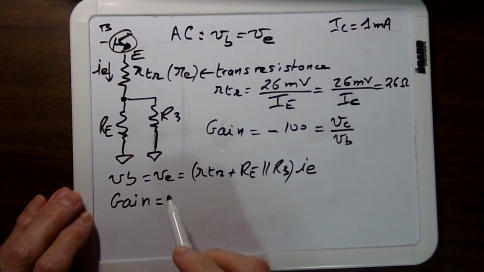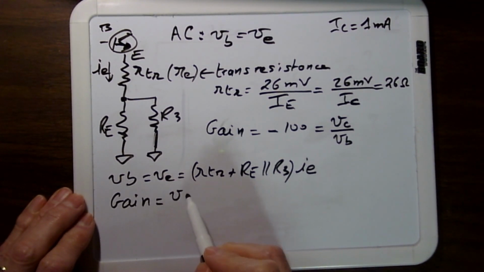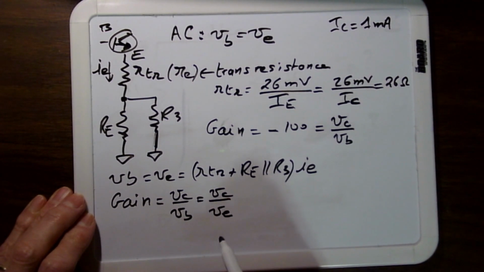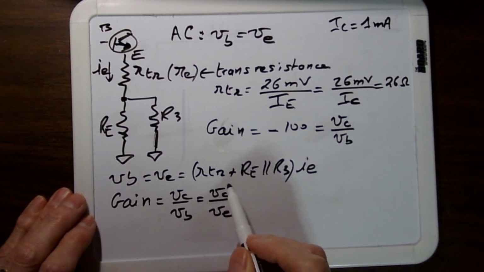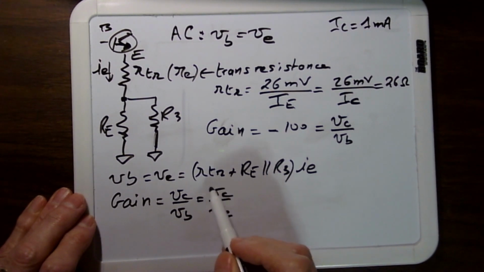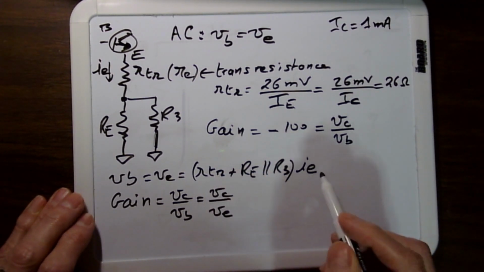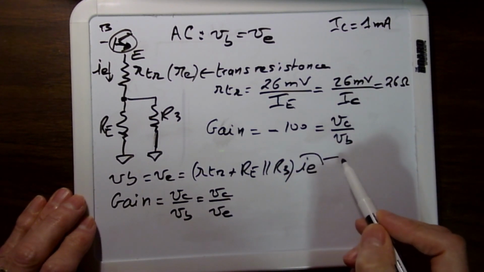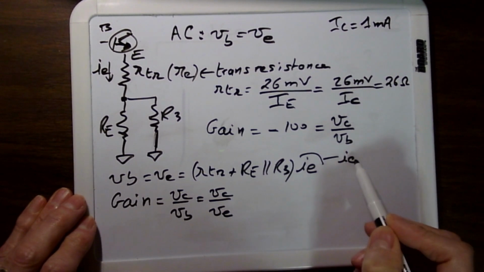So we know that the gain is VC over VB, equal VC over VE. And what is VC? We need to express VC. Of course, the small IE here is IC.